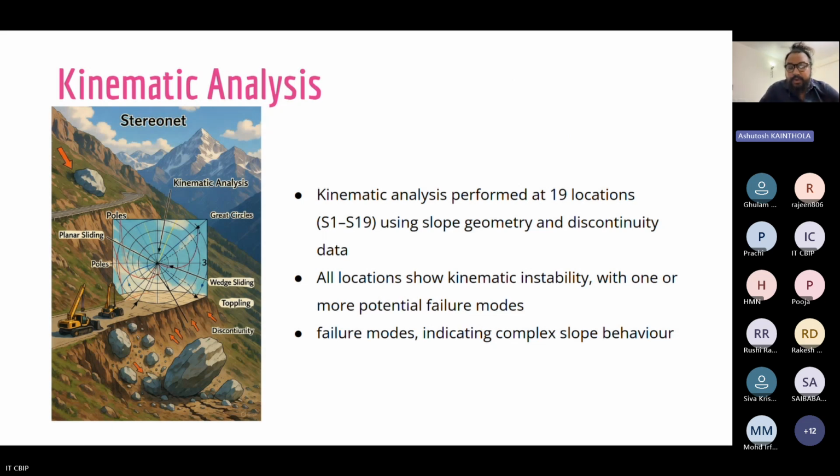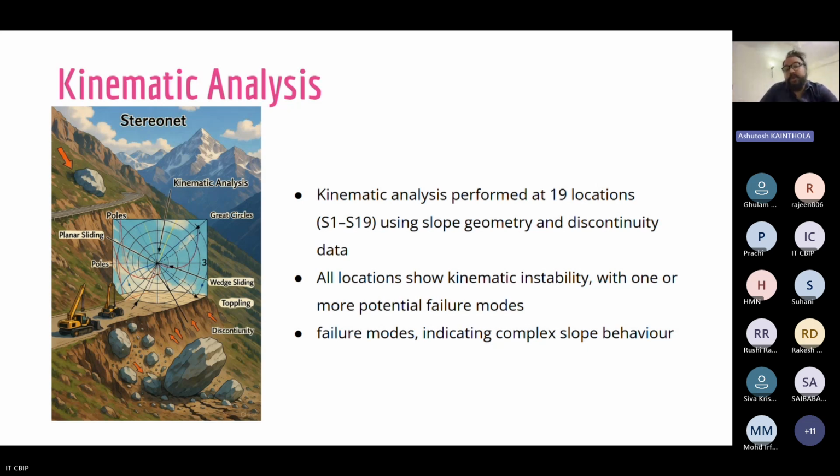The assumption is there is no cohesion in the joint plane, and we can ascertain if there is a proclivity of the rock mass to fail in a planar manner, in a wedge failure manner, or by toppling. So it won't tell you if the failure will take place or not. However, it will let you know about the propensity, the likelihood of the kind of failure that may take place.